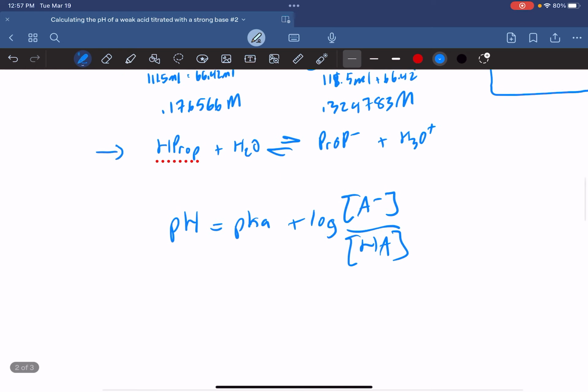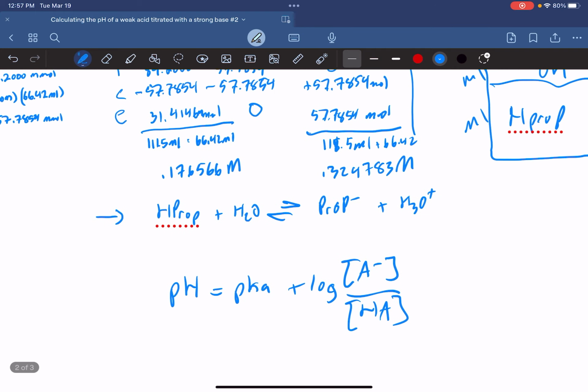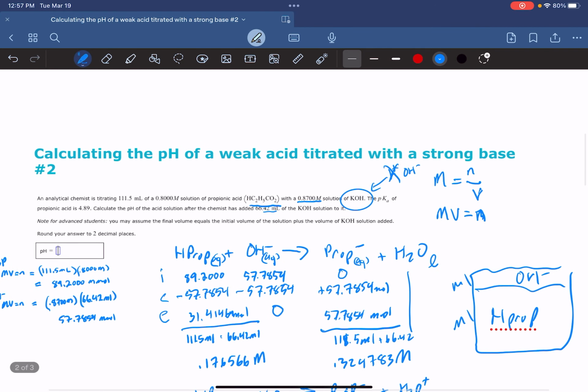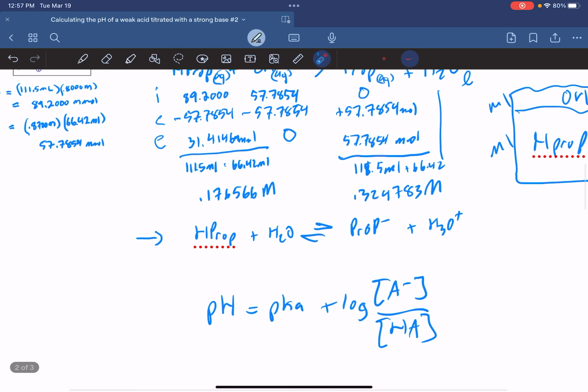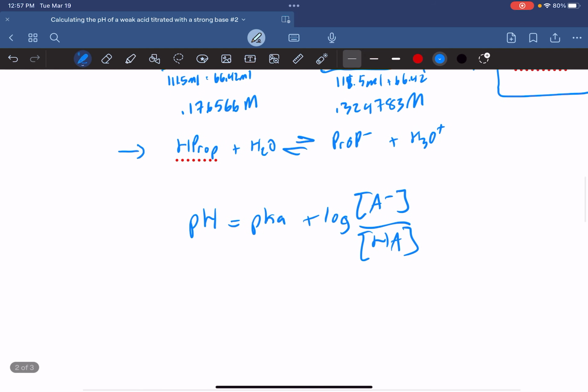Now, when we do that, we're going to end up with plugging the pKa, and weren't they delightful in this problem? They gave us the pKa in the problem itself. So right here, they gave us the pKa of 4.89. So we can come down here and put the pKa of 4.89 in here.